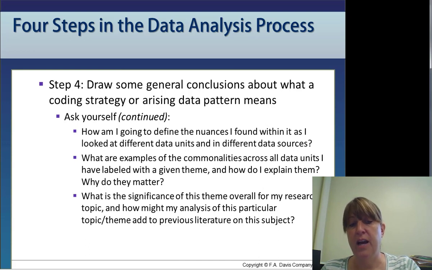Asking yourself, how do I define the nuances I found within it as I looked at different data units and in different data sources? What are examples of commonalities? What are examples of differences? Why did they matter? What is the significance of this theme for my topic? How does this theme answer the research question? How does this theme regarding this research question impact and interact with previous literature on this subject?